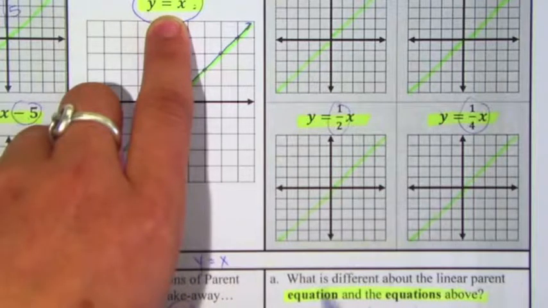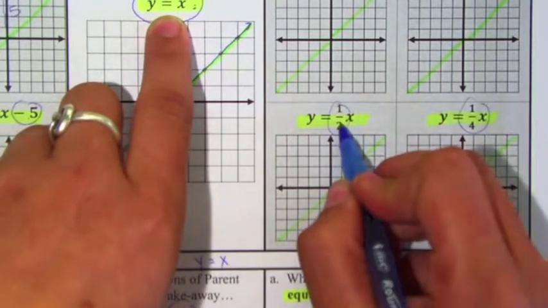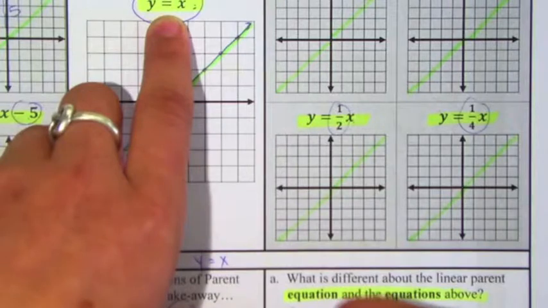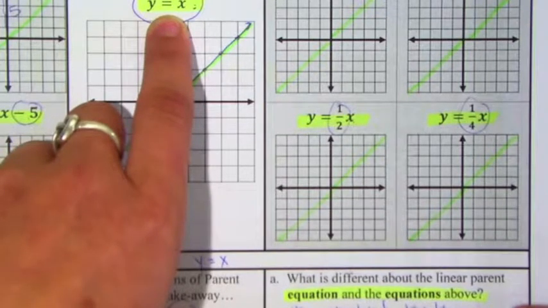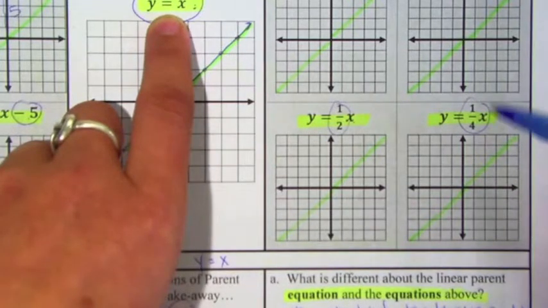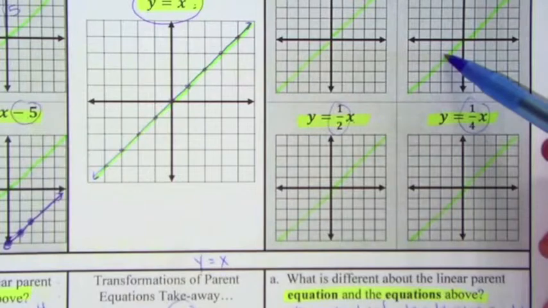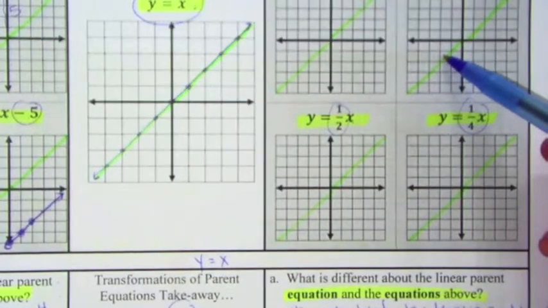So there's a number multiplied by the variable. And that's actually what we call the coefficient. So there is a coefficient of x. So my question now is, how does this coefficient affect where the graph is?